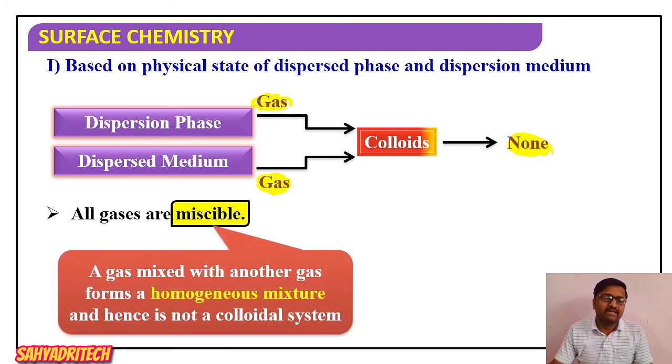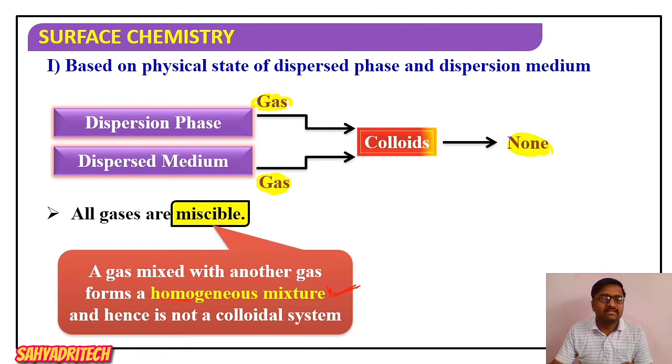Please remember, if both the dispersed phase and dispersion medium are gases, all gases are miscible irrespective of their proportions. So what type of mixture is it? It constitutes a homogeneous mixture.